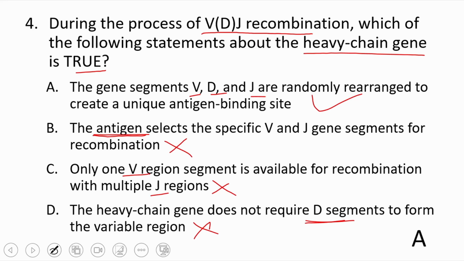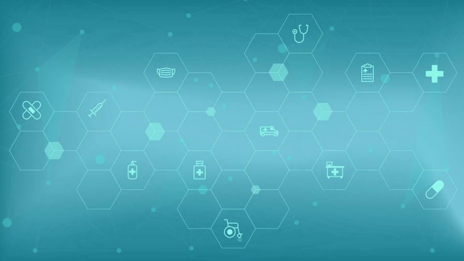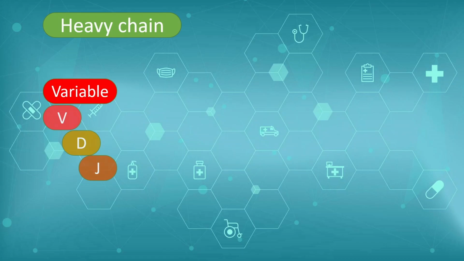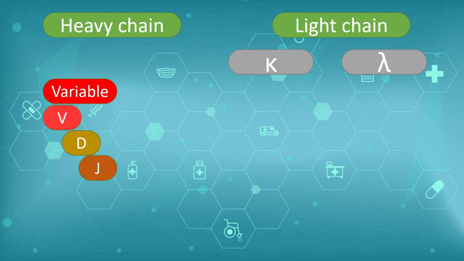The first one is that the receptors are coded by multiple germline genes. For the variable region of the heavy chain, as well as the beta chain of the T cell receptor, it's coded by 3 segments: the variable segment, diverse segment, and junctional segment, or VDJ. For the light chain, there is no D segment, and it's coded by V and J.